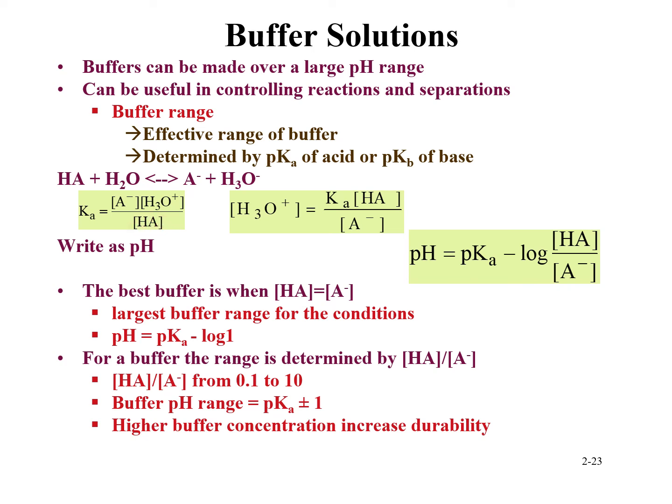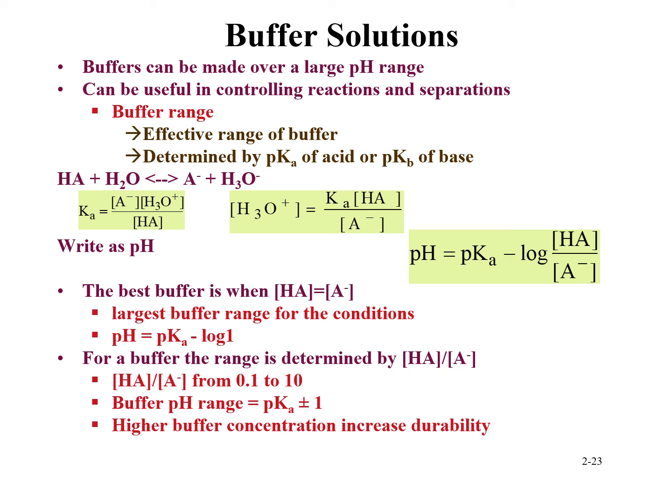I rearrange that equation so that the hydronium, the proton, is equal to the Ka times HA divided by A minus. I write this as pH: pH is equal to pKa minus log of the concentration of HA divided by A minus.